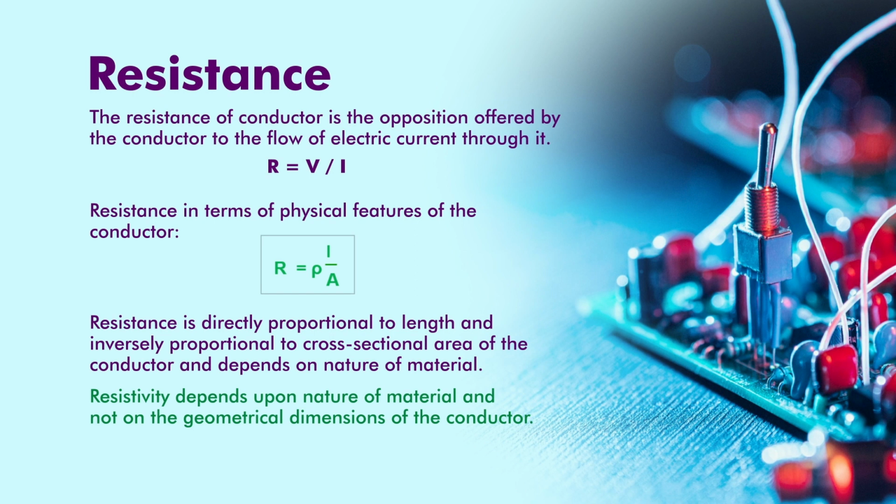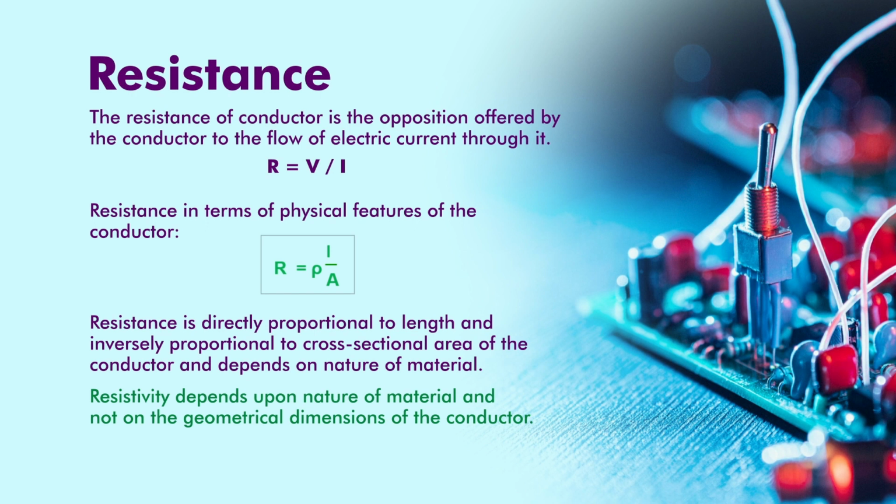The resistance of a conductor can be mathematically expressed in terms of the physical quantities, namely the length and the cross section of the conductor, as well as a very important term, the resistivity of the material. Resistivity is a material property.